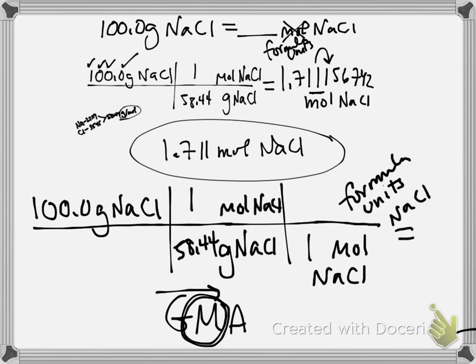How many atoms are there in a mole? How many donuts are there in a mole of donuts? A mole of anything is how many? 6.022 times 10 to the 23rd.